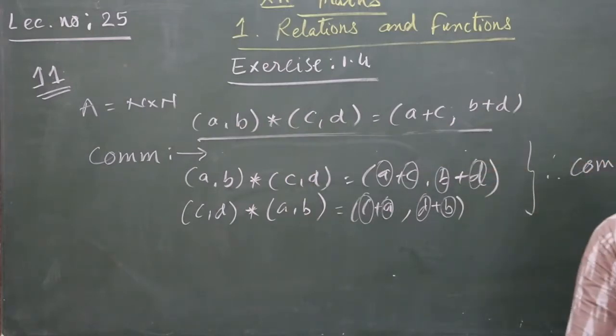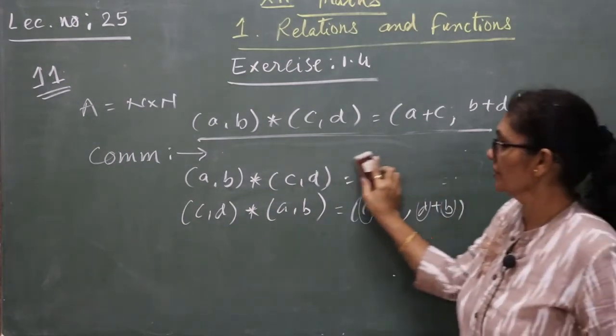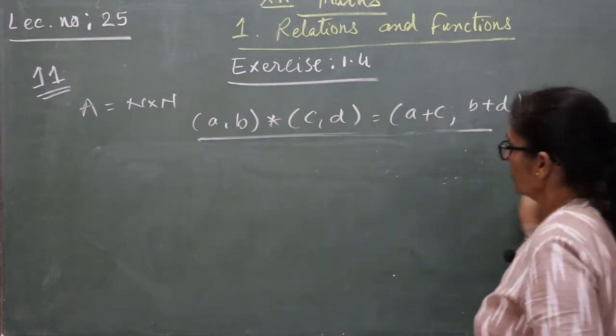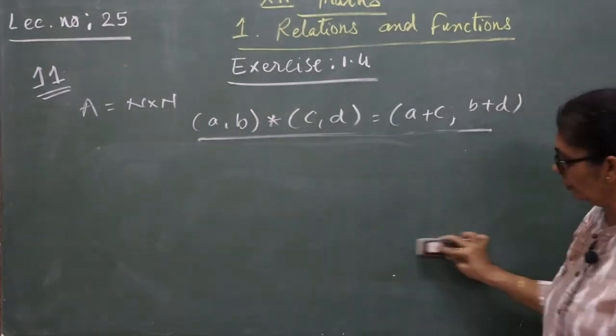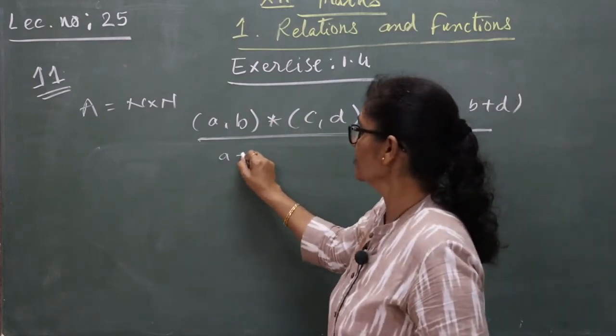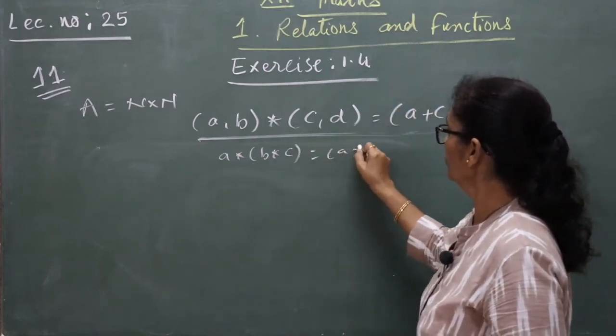Now the second one, you have to check associative. So let's check for associative. Commutative is clear. Now we will follow the associative rule. For the associative rule we require 3 terms. Which are the 3 terms? Let's check it one more time. This is your associative rule.